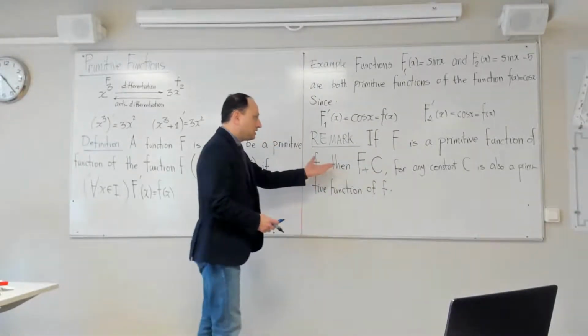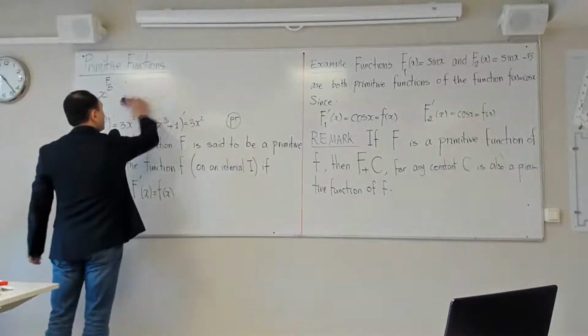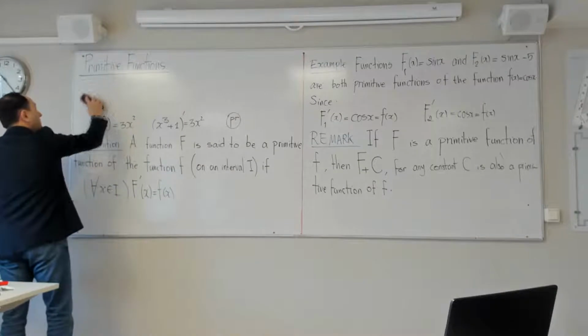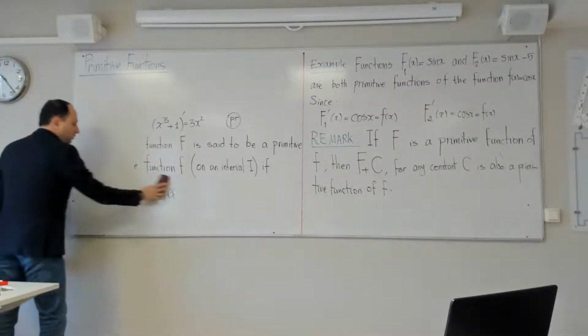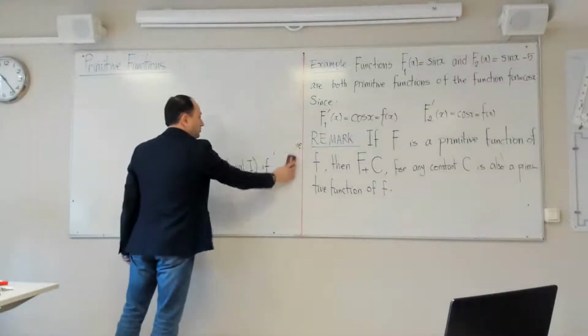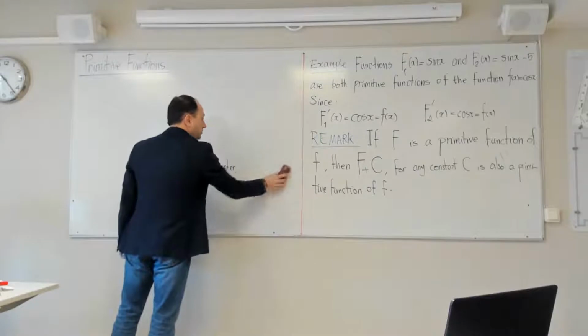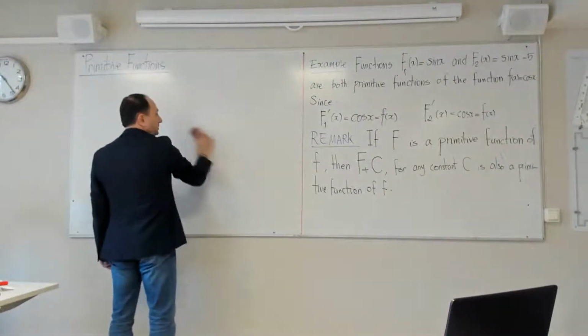This is very easy to confirm, but the reason that I am writing it as a remark is that the other way around is also true, even though you don't have enough mathematical machinery at your disposal to show it rigorously, but I want you to know it as an extra piece of information, okay?